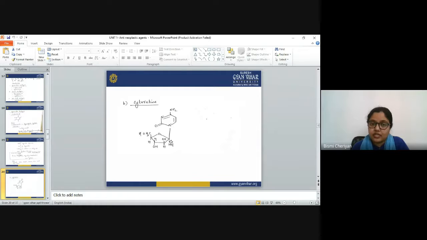Otherwise you can't remember the structure, name, and all the things. Got it? So this is the structure of cytarabine. In the name itself you can remember: arabinose sugar is attached at the third position, the nitrogen atom that is present in the pyrimidine ring.